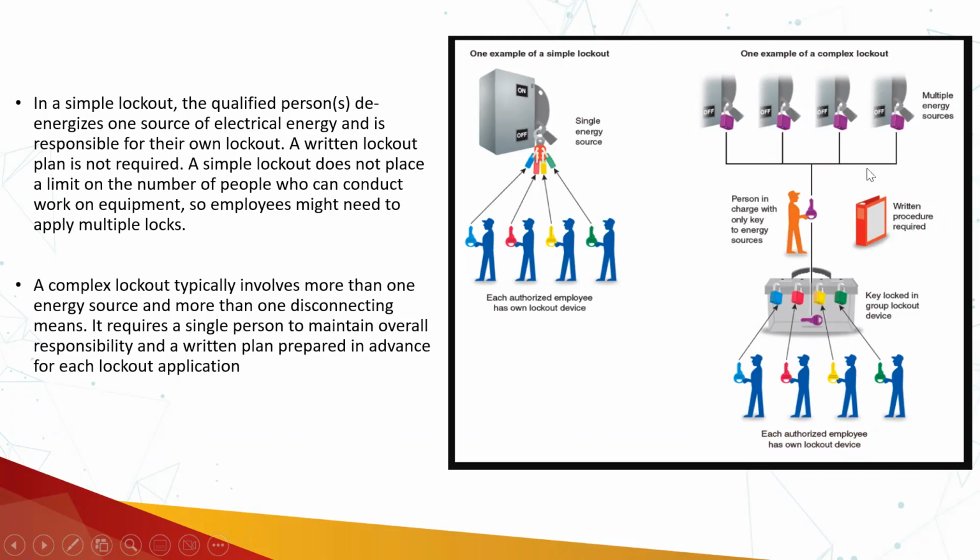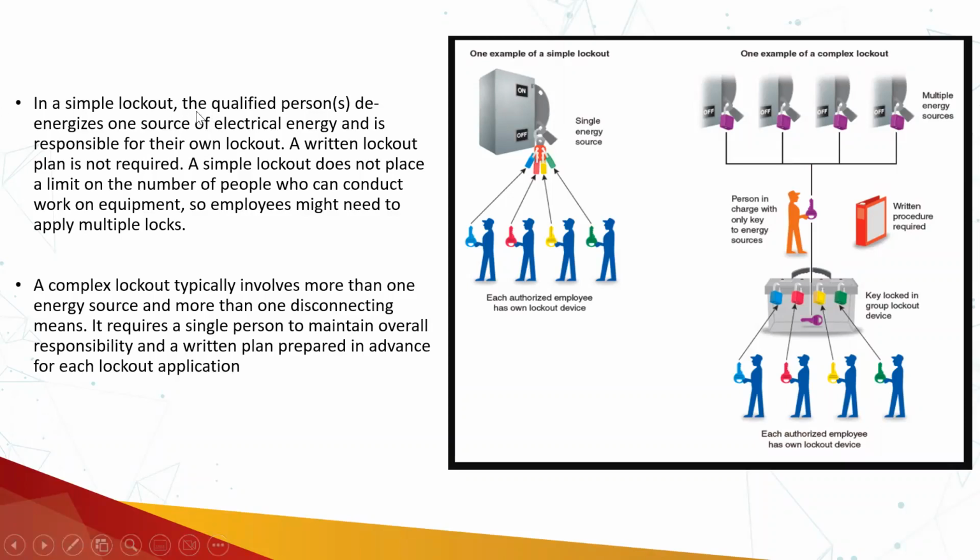A written procedure is required. He will be putting that key in a group lock box, and that group box will be locked by the individual authorized persons. So this is basically the difference between the simple and the complex lockout and tagout.